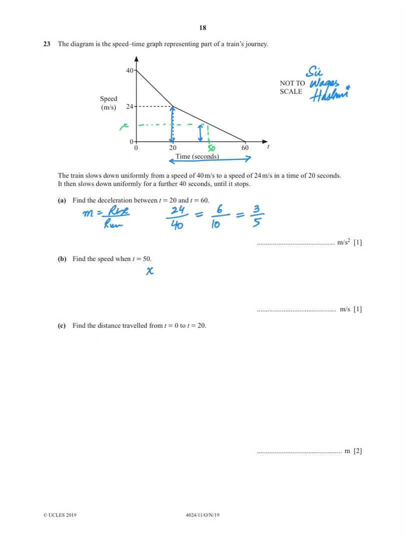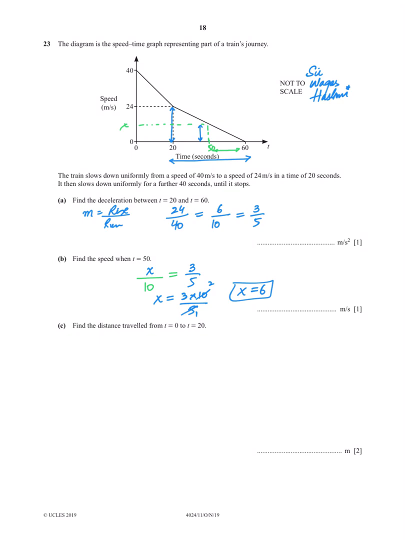The run part is what? From 60 to 50, the run is 10. Rise upon run equals the deceleration we found in the first part, that is 3 upon 5. We need to simplify, so x equals 3 multiplied by 10 divided by 5. 5 1s are 5, 5 2s are 10. So the value of x is 6. That means the speed at time 50 is 6 meters per second.